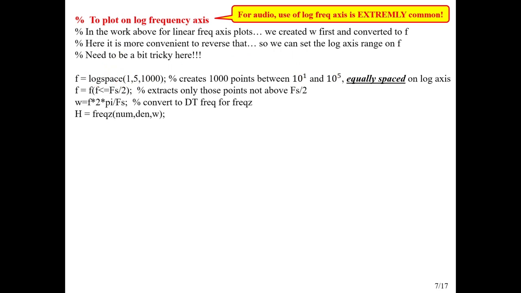That's not bad. And if I put a 5 in here, it's telling me go all the way up to 10 to the 5th Hertz. And then I put in 1,000 here. I might pick a different number there if I need more closely spaced points. So I might put 10,000 or 5,000 in there if I see that my plot is a little too ragged. But I'm just using 1,000 here.